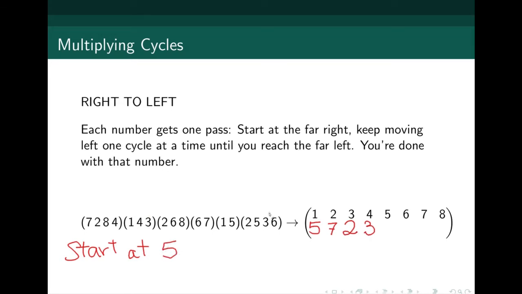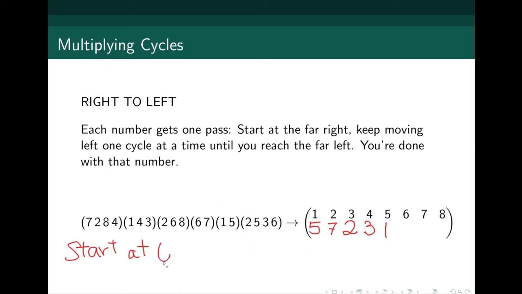Next, let's consider the 5. First, it goes to 3. Nothing happens to 3 here. Nothing happens to 3 here. Nothing happens to 3 here. Here we find 3 at the end of the cycle, so it goes back to 1. And then nothing happens to 1. So 5 ultimately ends up at 1.